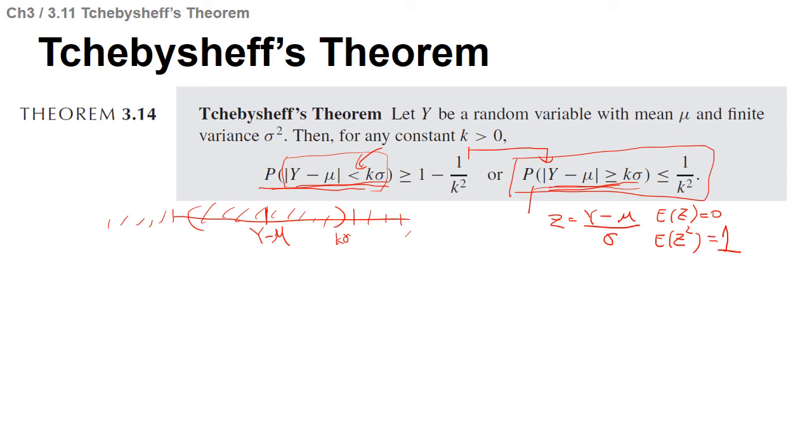Okay, and also let's define one more random variable, which is the indicator that the absolute value of z is greater than or equal to k.